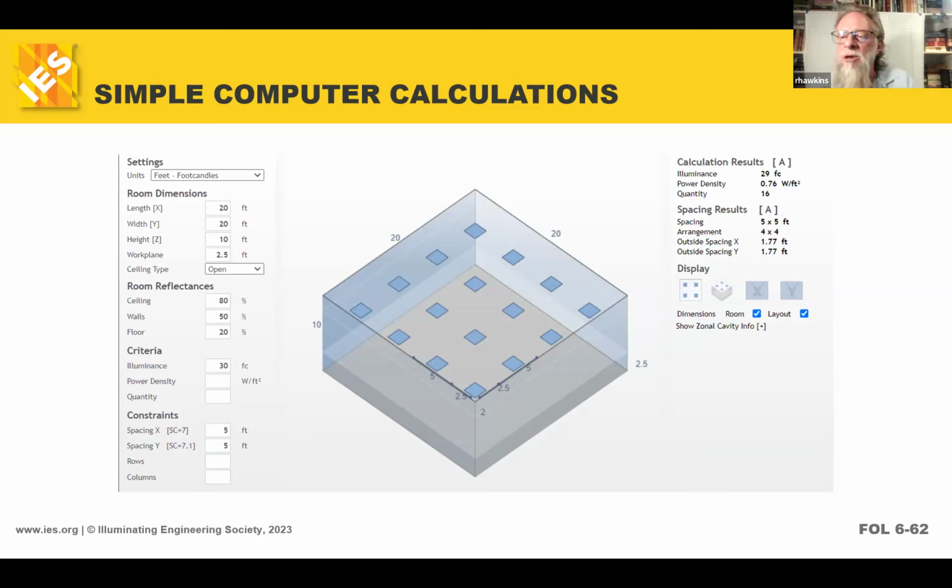Well, this is where you have to start to use these tools and then use your own brain to figure out whether that's realistic or not. You're probably not going to take a 2 by 2 fixture into a room and put them on 5 by 5 centers. That's ridiculous, right? That's 25 square feet per fixture. That's probably way too tight. So whatever this fixture was and the lumens that this fixture had are probably not a great fit for you. And maybe you go find the next lumen rating up.